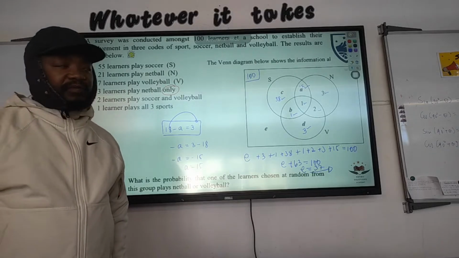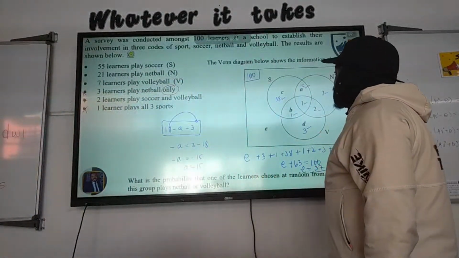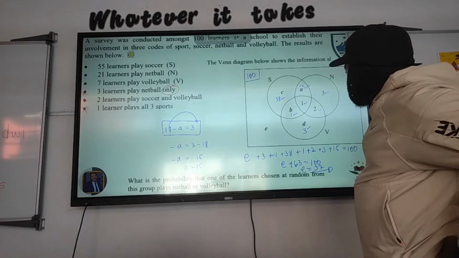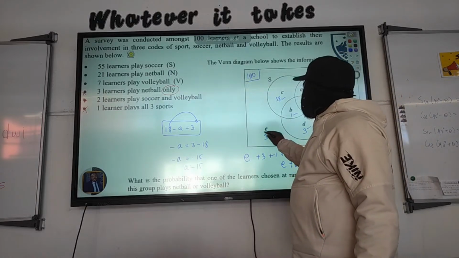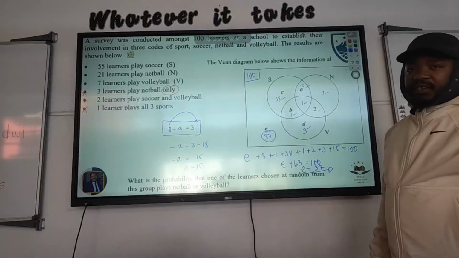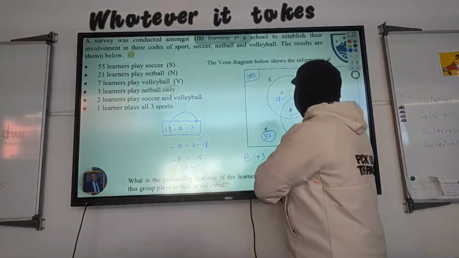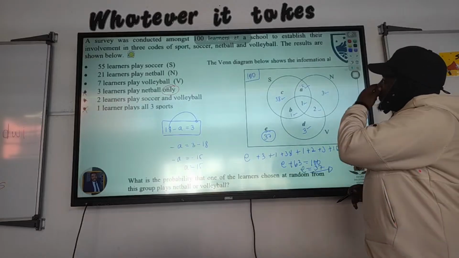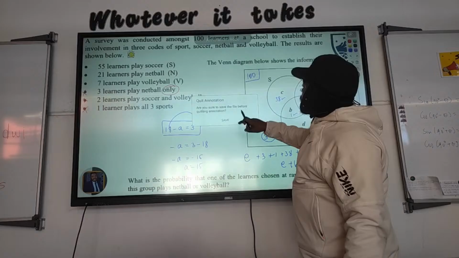And then we have found our values of A, B, and E. So this E will be 37 learners. Go back to it and practice, and once you are comfortable, you can try different scenarios. So we're going to move forward.